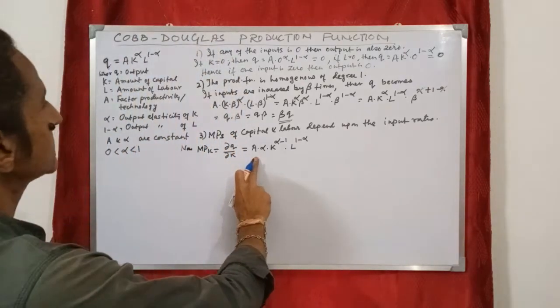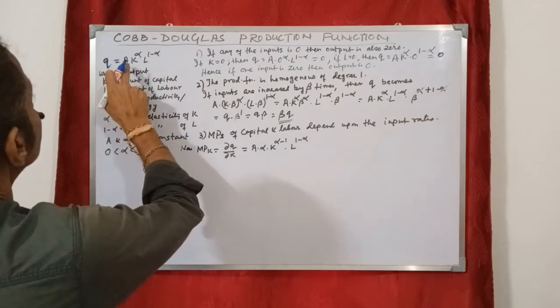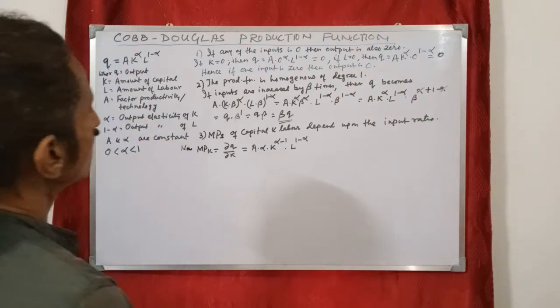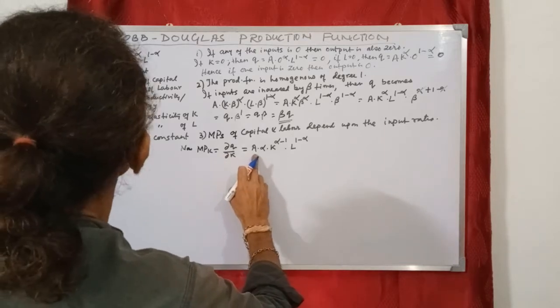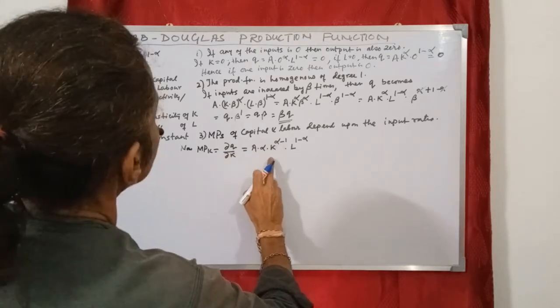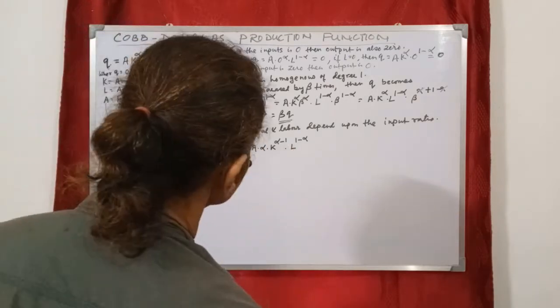We have differentiated Q with respect to K, and we have got dQ/dK is equal to A alpha K to the power alpha minus 1 into L to the power 1 minus alpha.